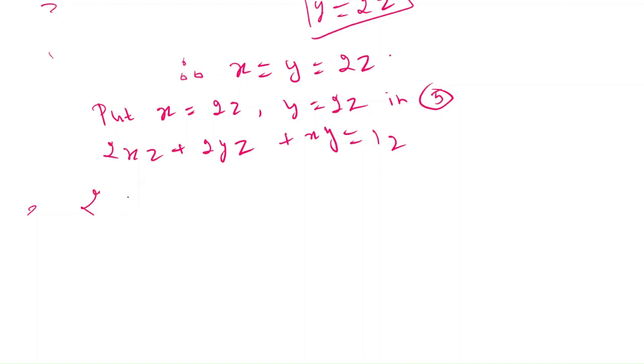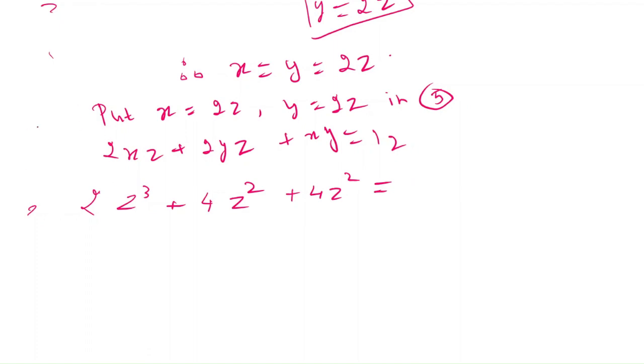So 2 into 2z into z gives 4z square, plus instead of y 2z, so 2 into 2z into z is 4z square. Then x into y, 2z into 2z, is 4z square, equal to 12.